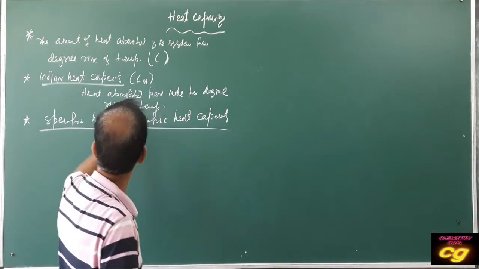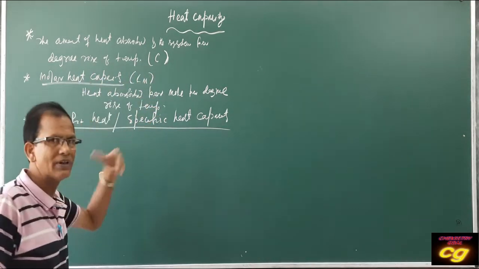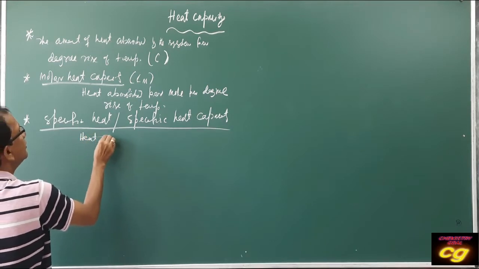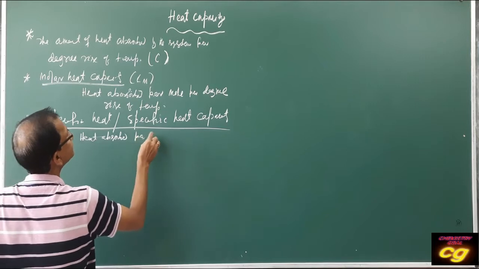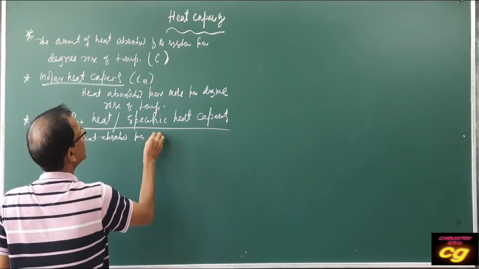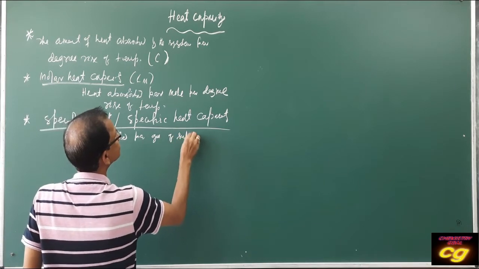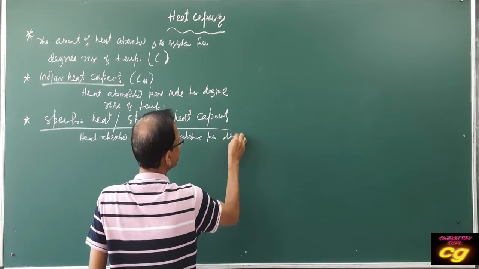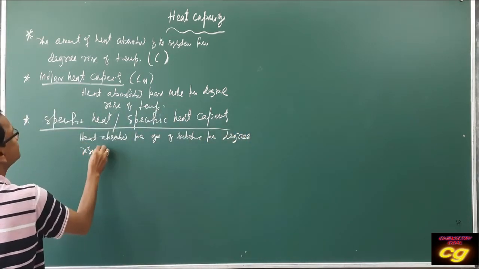In molar heat capacity we take 1 mole, but if you take per gram, that means the heat absorbed for 1 gram of substance per degree rise of temperature.